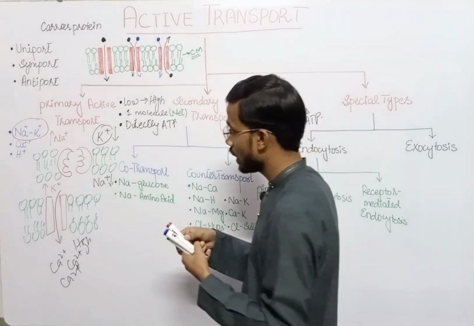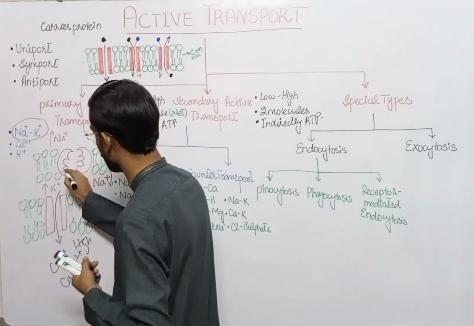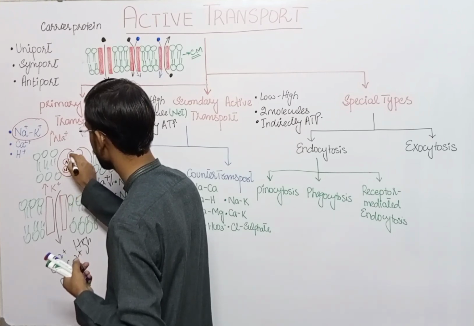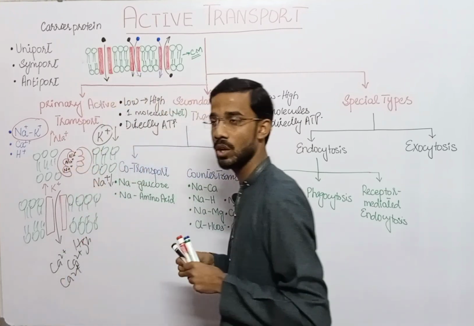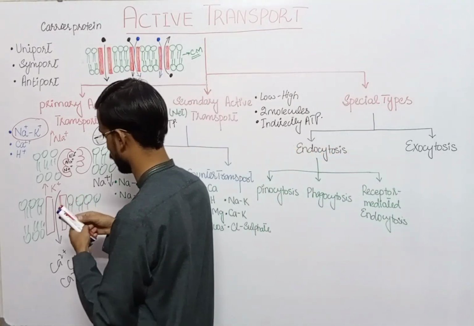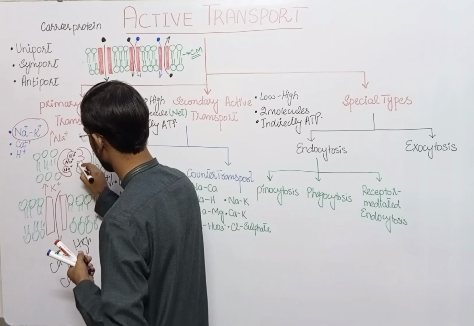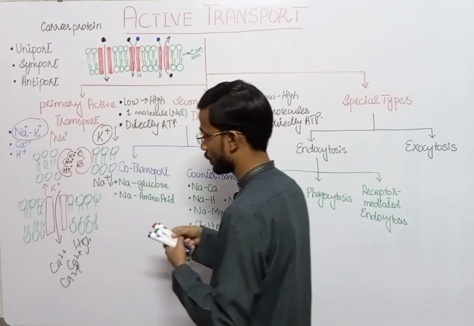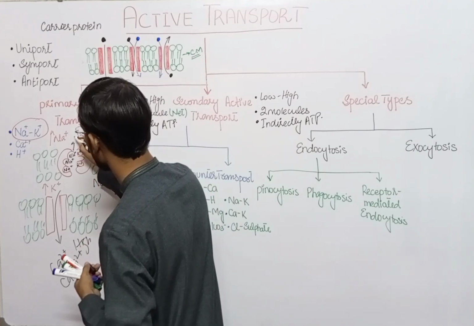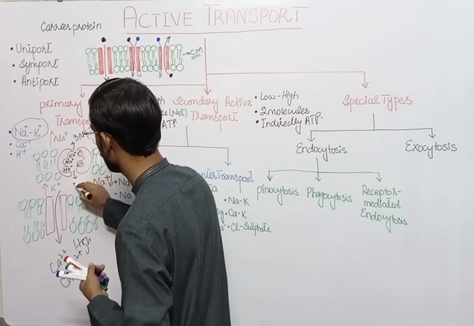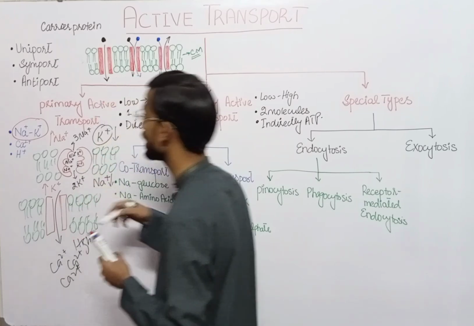Keep in mind that 3 sodium ions will attach to the protein, and 2 potassium ions will attach to the protein. So 3 sodium will move outside and 2 potassium will move inside.